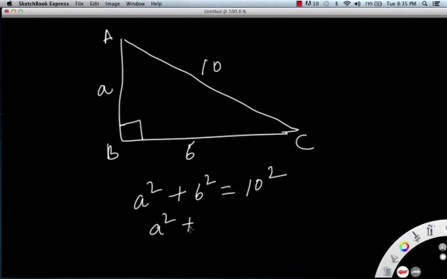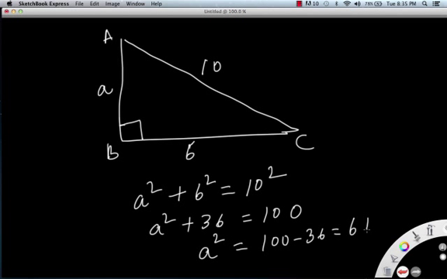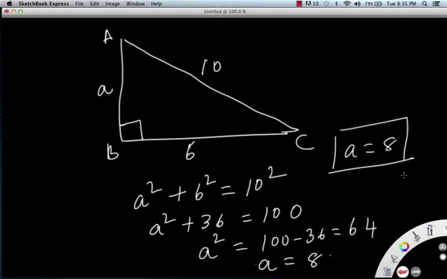So a square plus 36 is equal to 100. So a square equals 100 minus 36, which is 64. Taking the square root on both sides, a is equal to 8 units in length. So the other side of this triangle is equal to 8. This is how you apply the Pythagorean theorem.